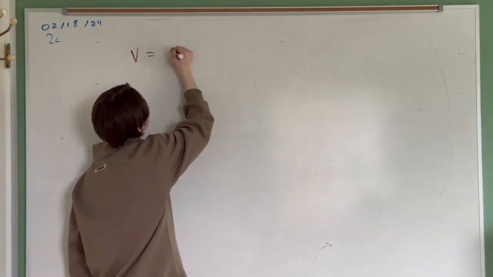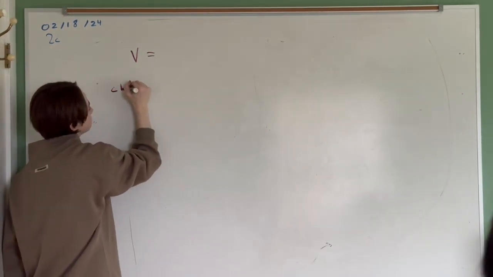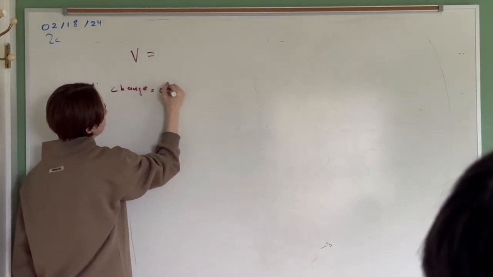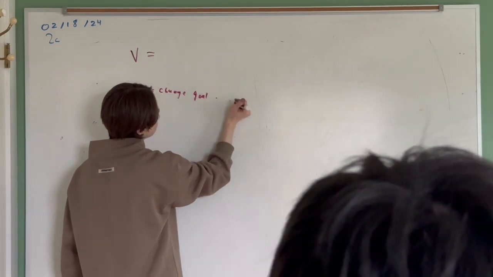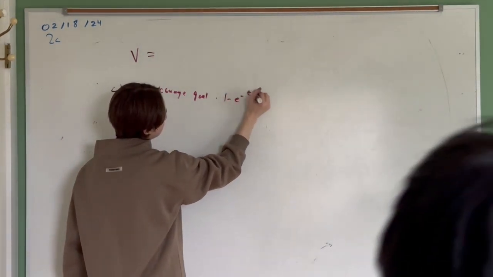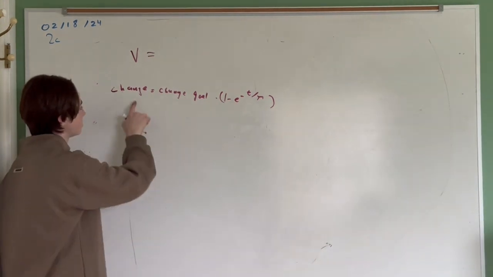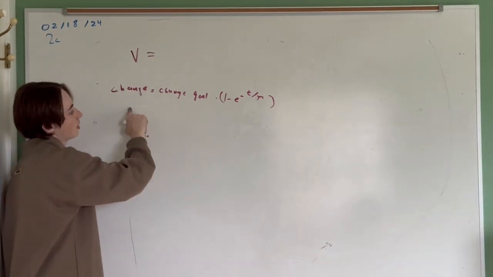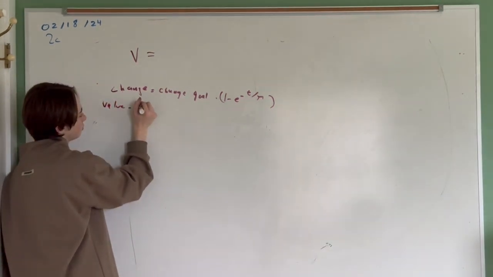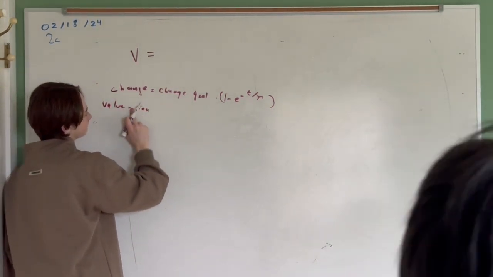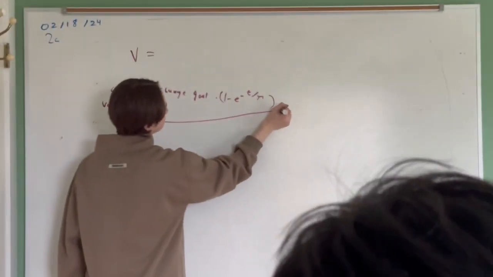And so V is equal to, we have change equals change goal times 1 minus e to the negative t over tau. And that just means we can put value and then initial over here. This change is equal to value minus initial, or final minus initial. So we just put initial over here.